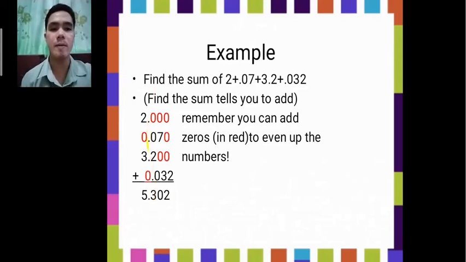So since this will be the lineup of the decimal point, then 2 plus 3 is 5. So our final answer is 5.302 or 5 and 302 thousandths. Okay, this will be our answer.